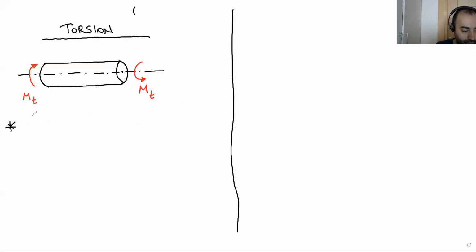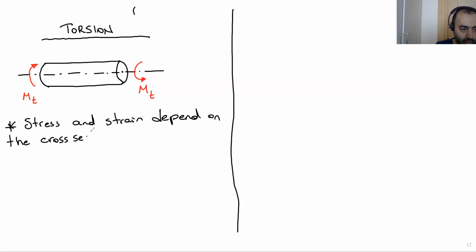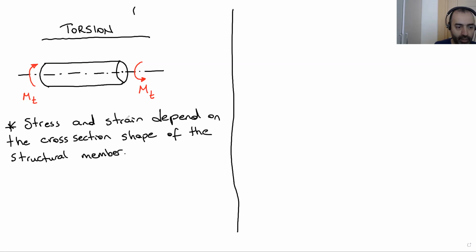In torsion, the stress and strain, gerilme ve şekil değiştirmeler, depend on the cross-section shape of the structural member. Okay, the important thing here is our stress and strain depend on the cross-section shape.